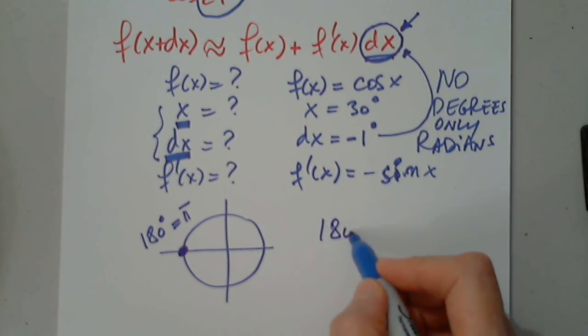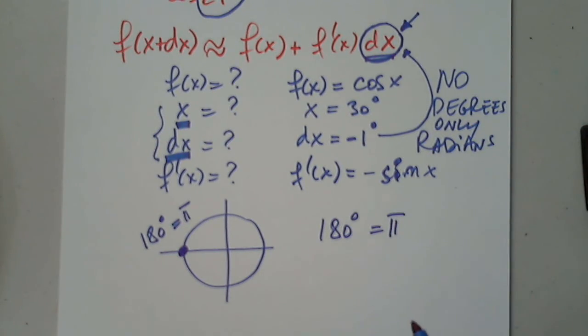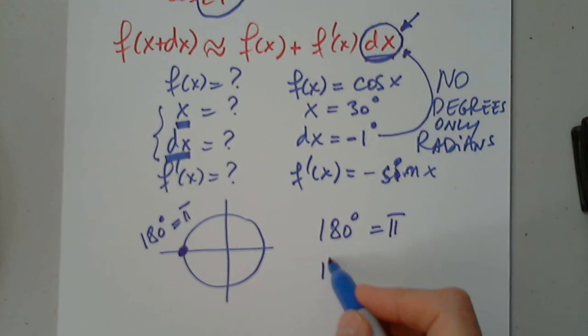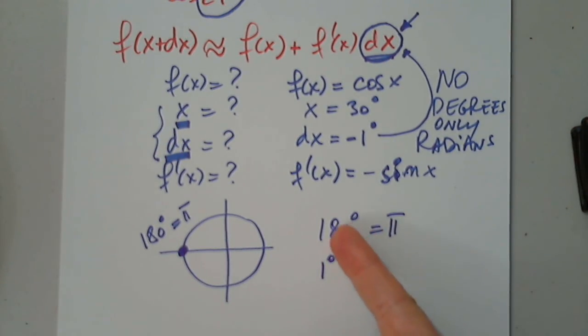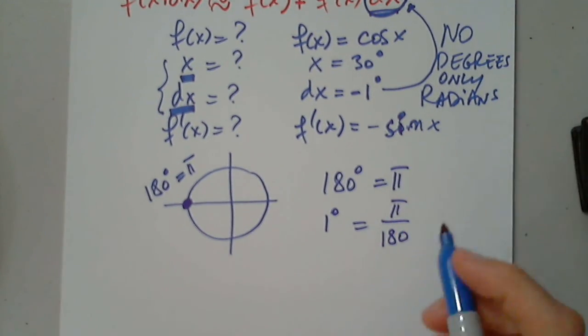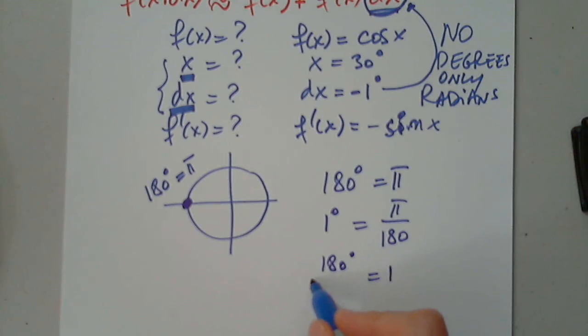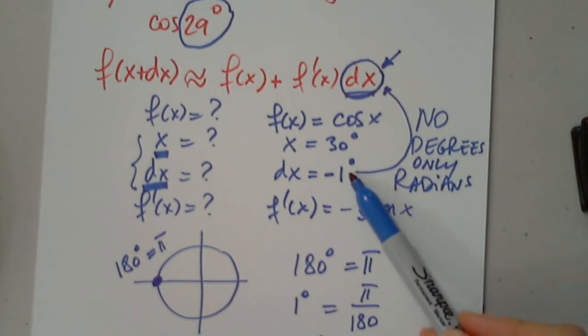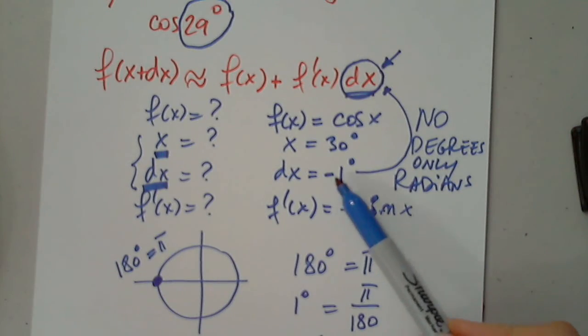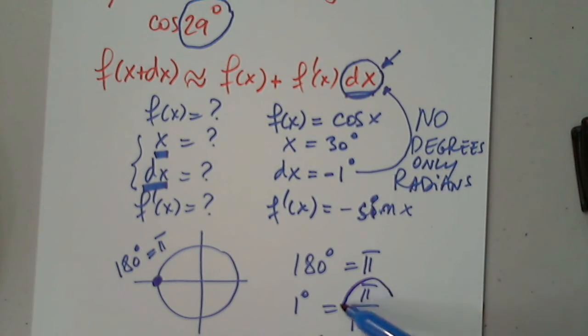So knowing that 180 degrees is pi radians, for 1 degree, I divide both sides by this number. If I want 1 radian, I divide both sides by this number. So I want 1 degree, or specifically negative 1 degree, which has to be changed into negative pi/180.